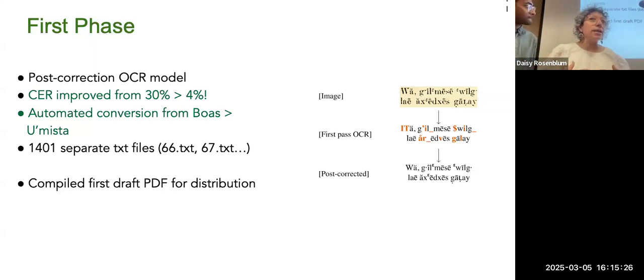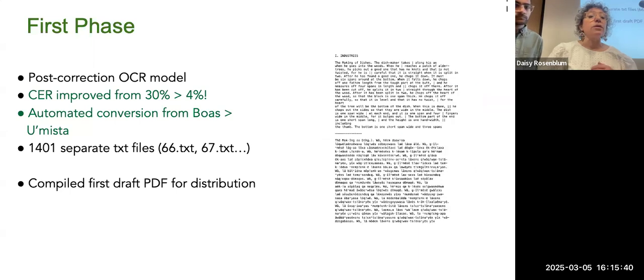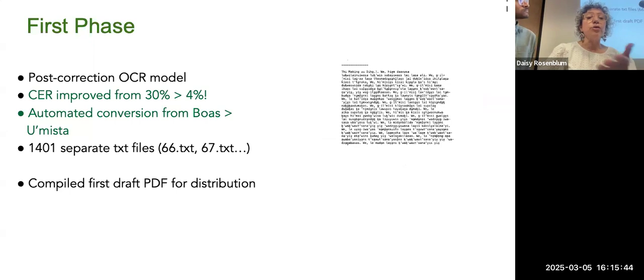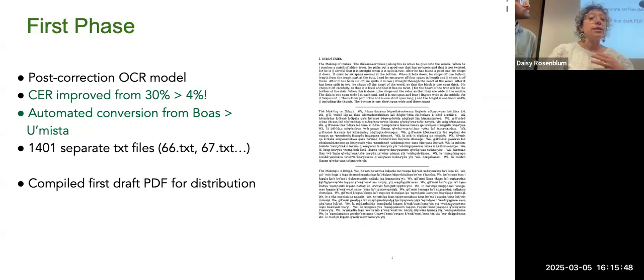Then in my lab, we compiled that into a first draft PDF for distribution, and we combined these three different languages on the same page. You can see what the text file looked like. That's the U'mista conversion, and this is what one of the compiled pages was like. We were able to keep the pagination, which was an important thing.